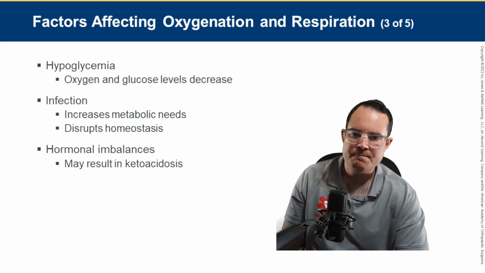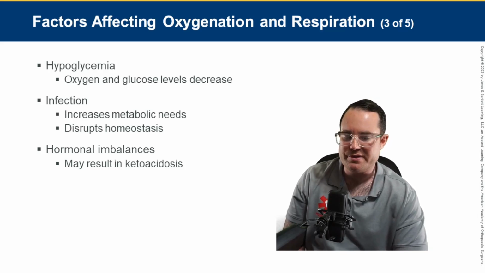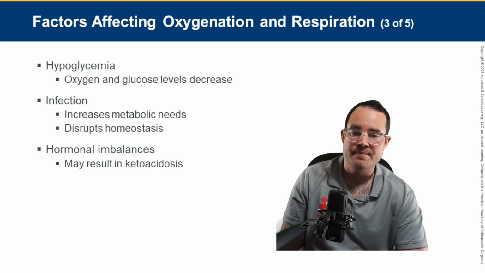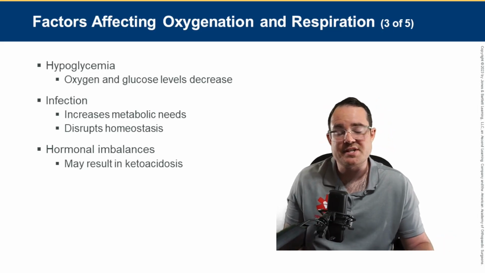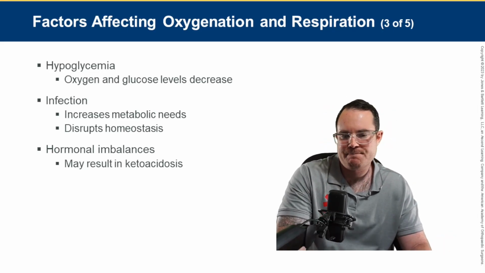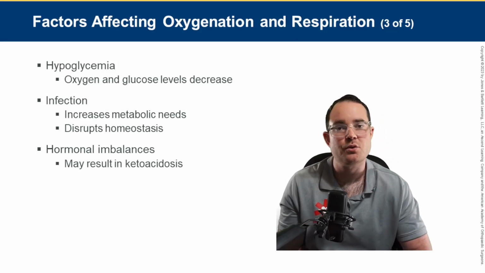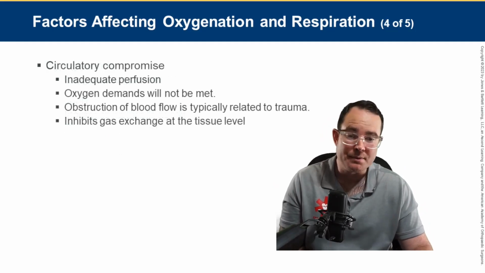Infection, okay, says increases metabolic needs and disrupts homeostasis. Absolutely. These patients suffer from metabolic acidosis. Hormonal imbalances, such as DKA. Typically with DKA, we see something called Kussmaul respirations, or really fast, deep, rapid breathing, rather.